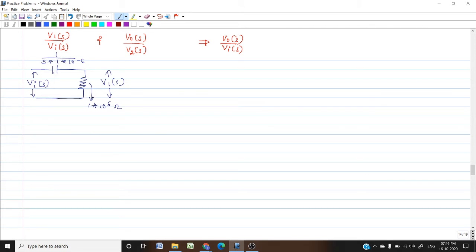Fine. Now we need to apply KVL. This is my output and this voltage is my input.